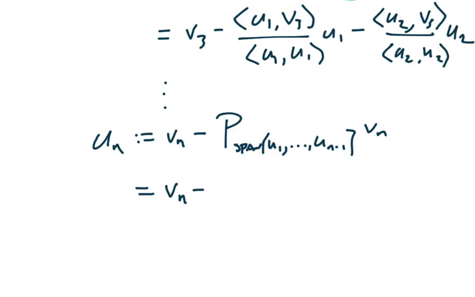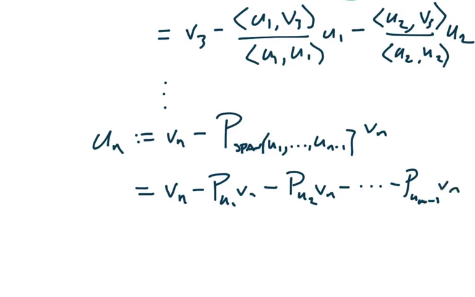And this only works because we made sure everything's orthogonal up to this point. All right, so we can break this down into a sum of projections, right? Projected onto U1, projected onto U2, and so on. Projected onto Un minus 1, and subtract all those projections off of the original vector, and you get this new vector Un.